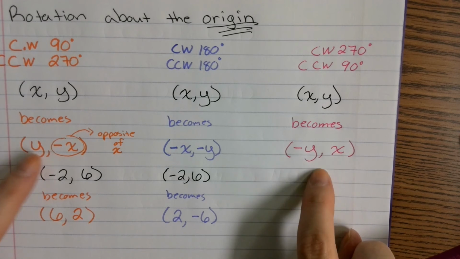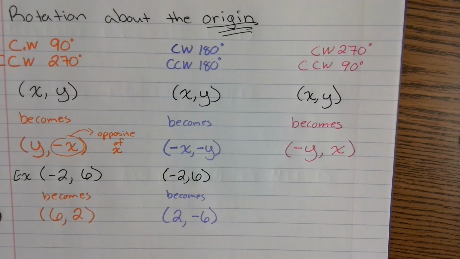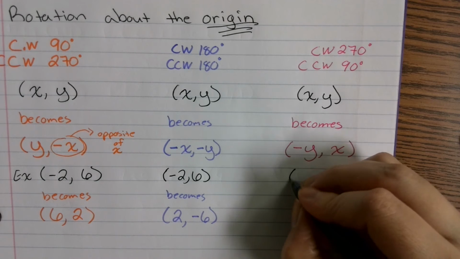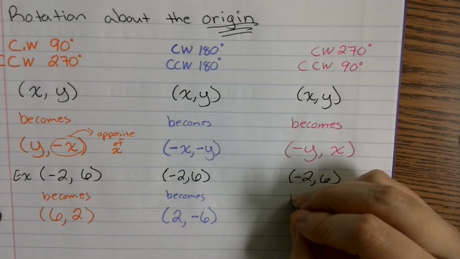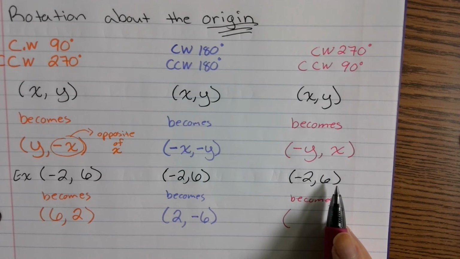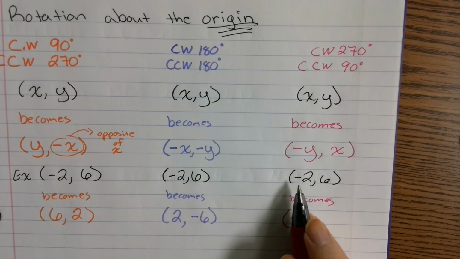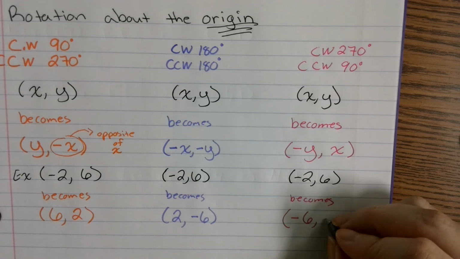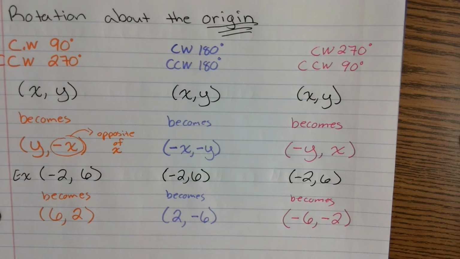They are the ones that people get mixed up on the most. So be very careful about that. So again, if we had that point -2, 6, this point now becomes the opposite of your y. What's the opposite of our y? -6. And then our x now becomes our new location for y, so -2. So it's -6, -2.